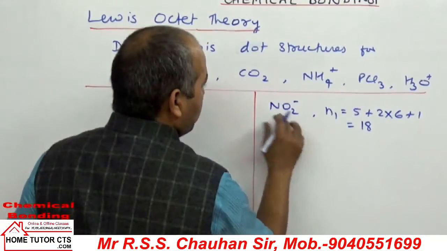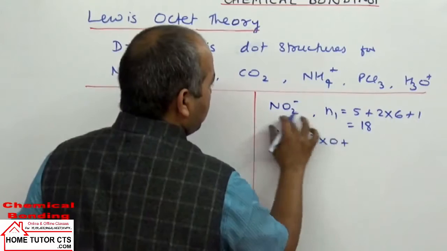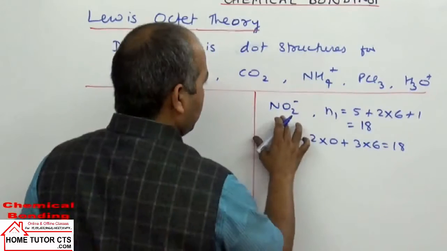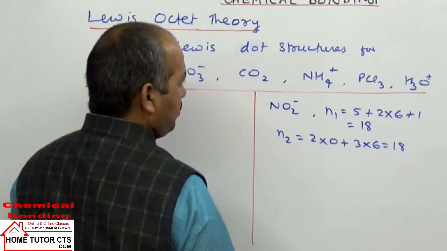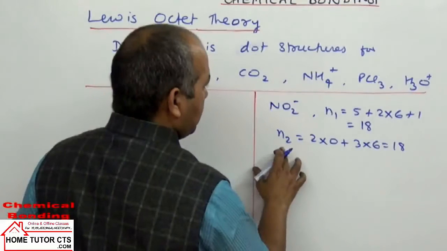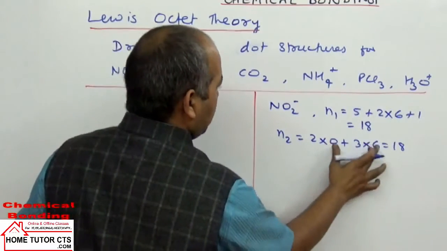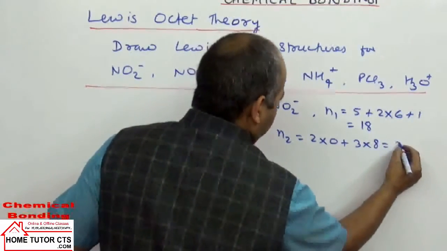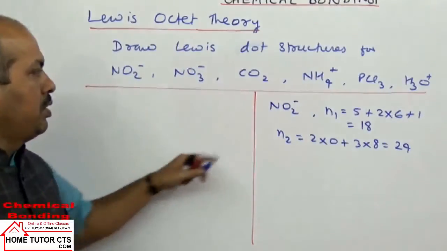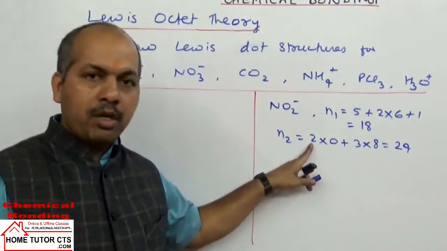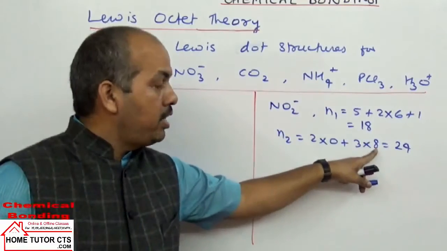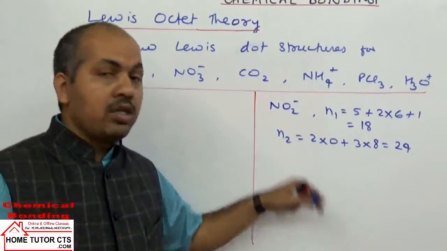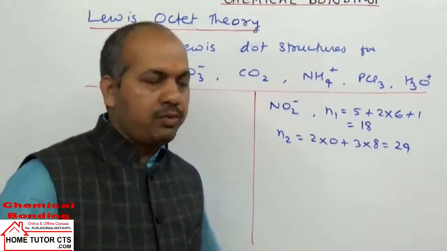What is N2 here? It is 2 into the number of hydrogen atoms plus 8 into the number of other atoms, and we have only 3 atoms, 1 nitrogen, 2 oxygen. So 3 into 8, 24.